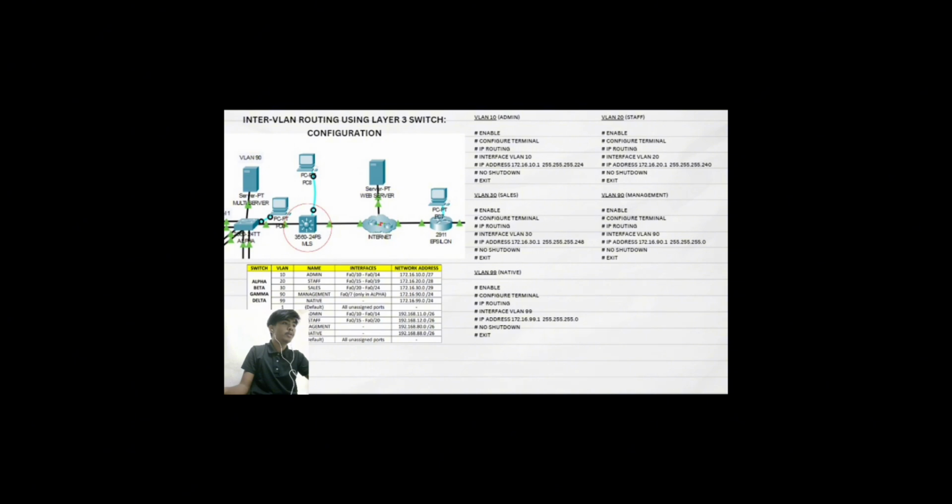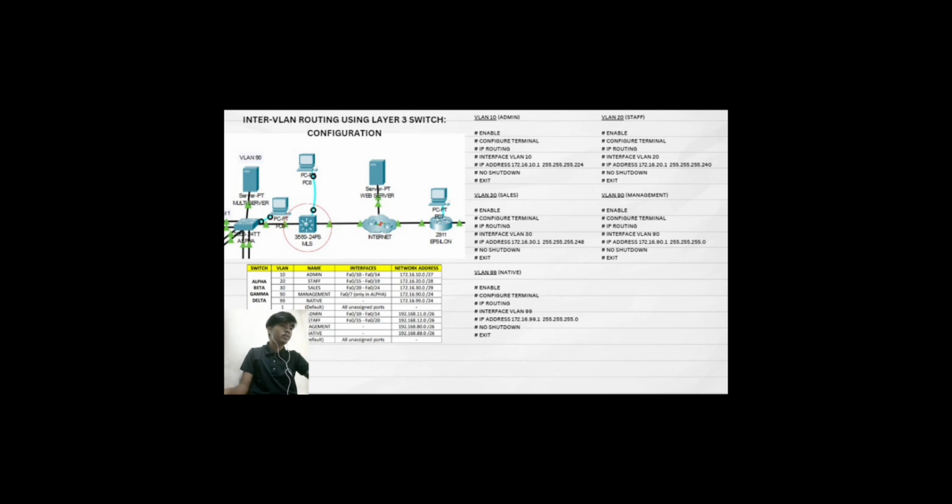And then we are going to enter our IP address, which in this case is 172.16.10.1, and the subnet mask is 255.255.255.224. And then press enter. To activate it, we type no shutdown and then exit.